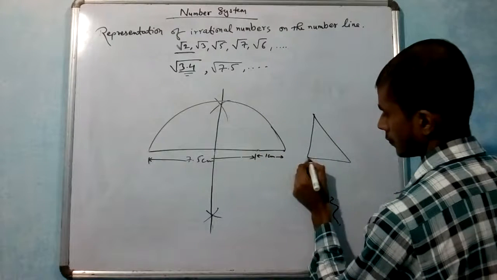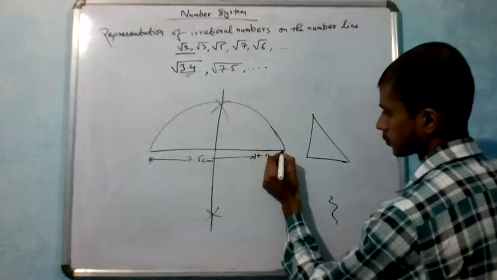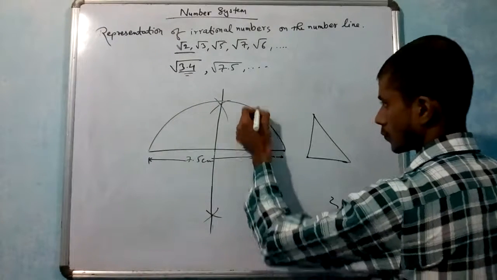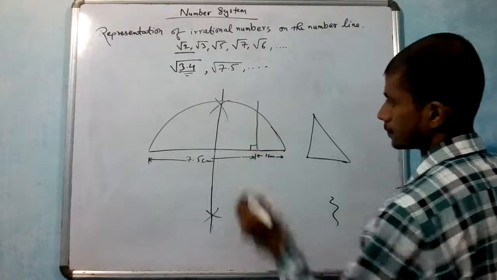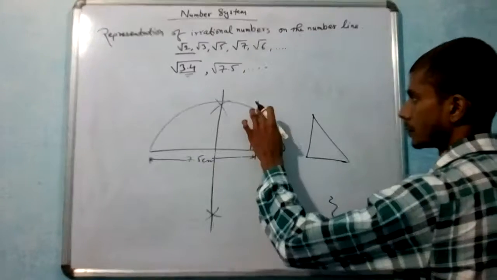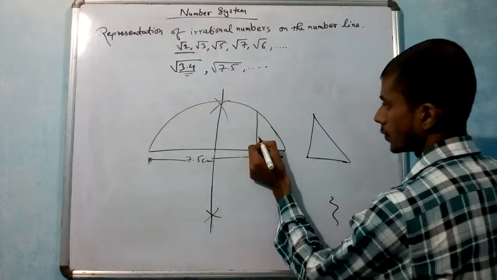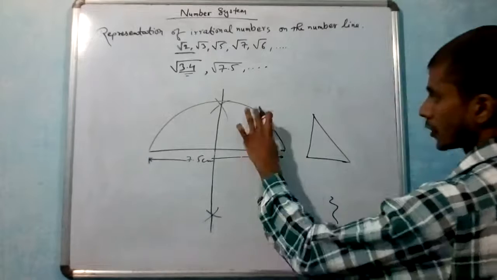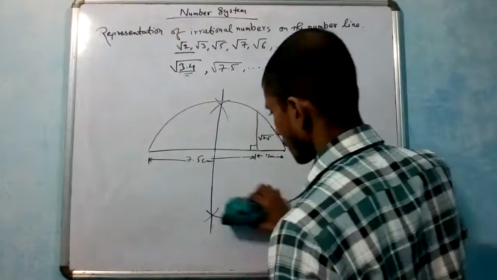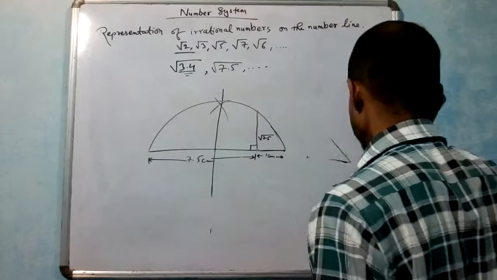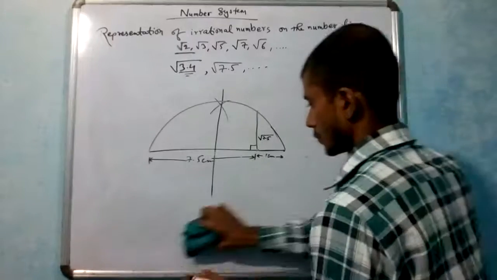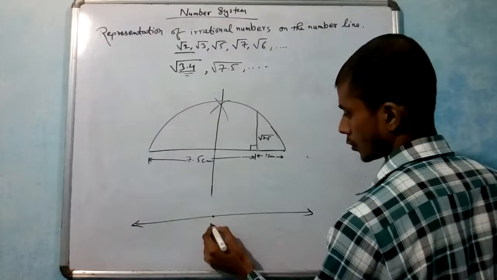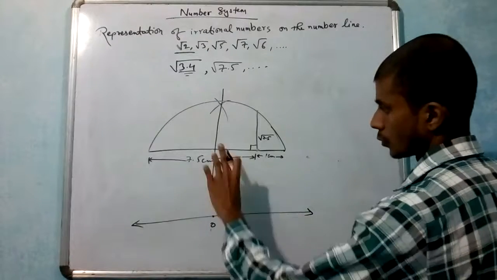So this will be root of, and this only we need to represent on the number line further, no? So this is 0 and 1, 2, 3, 4 like this.